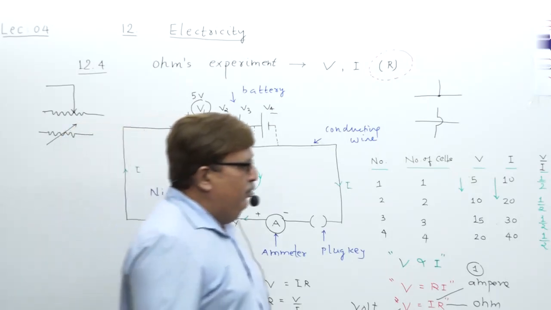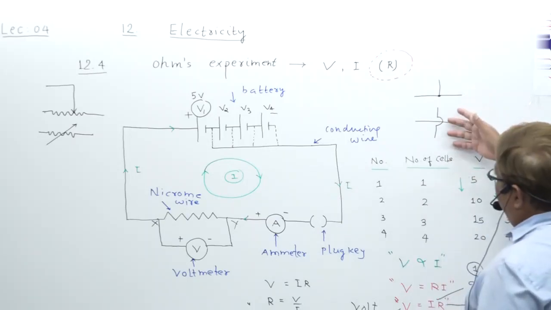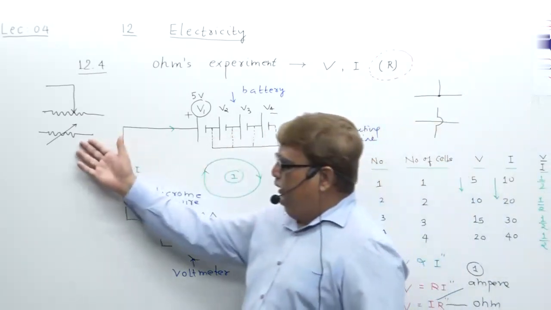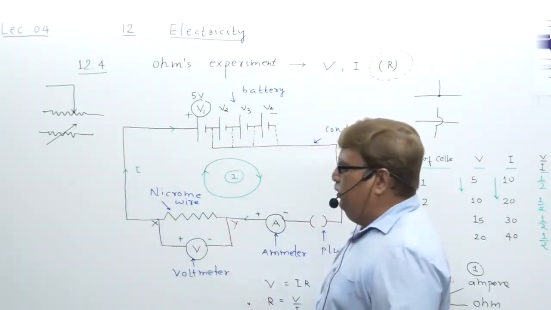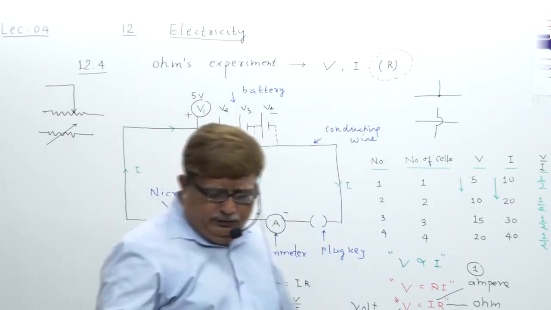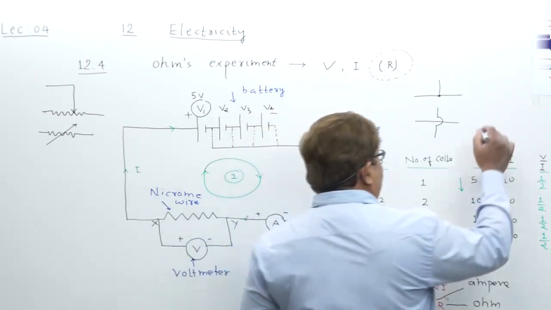Some of the symbols you need to remember: junction point, wire joint, wire going over another wire, variable resistors. This is constant resistor.